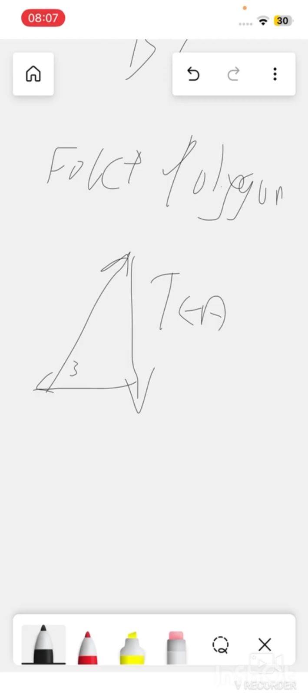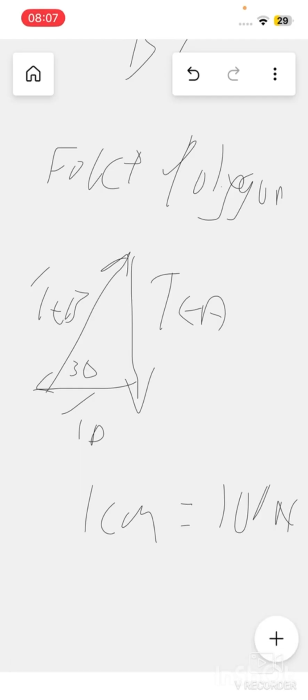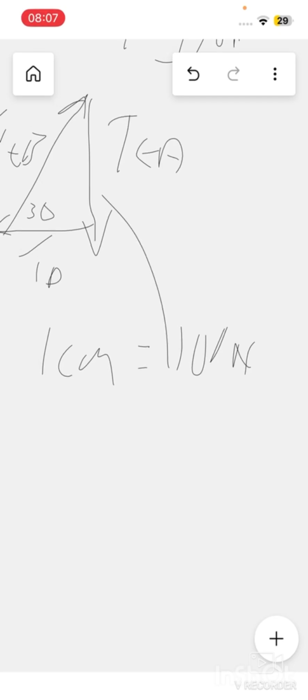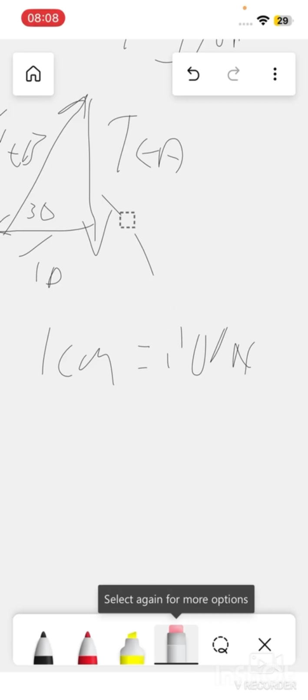This is T. This is going to be TEB. This is going to be FTD. That is that. Your scale is going to be 1 centimeter equals 100 Newton. I hope you understood and everything is clear. If you have another problem, we're going to do it together. I thank you, guys.